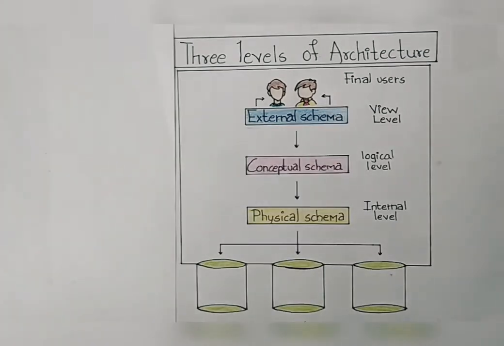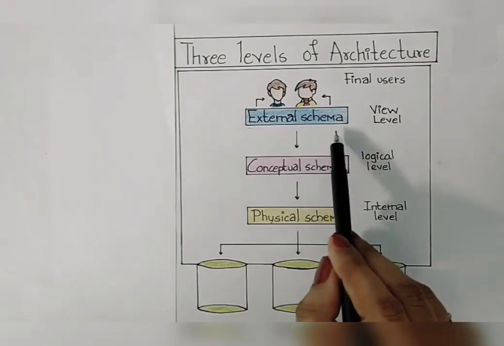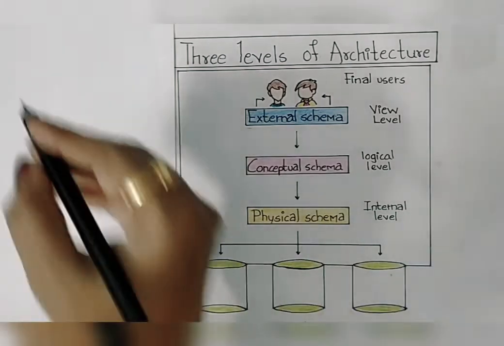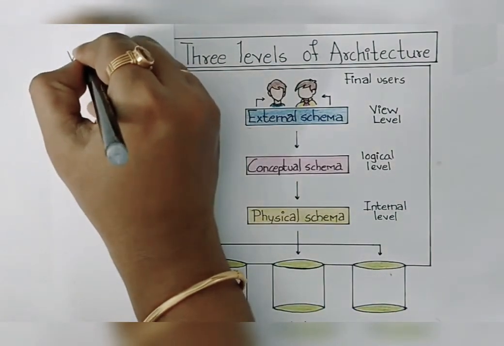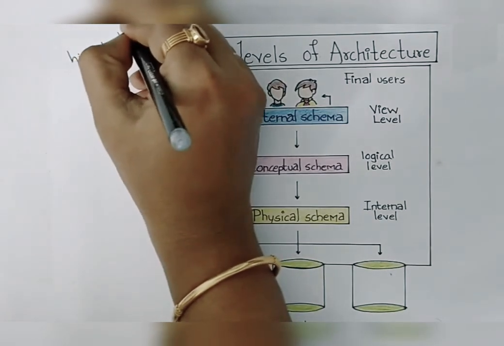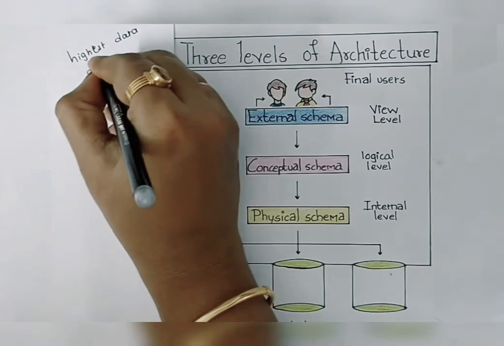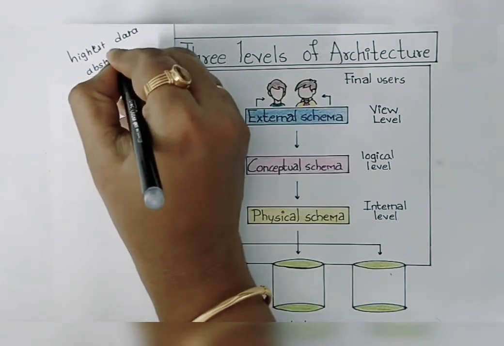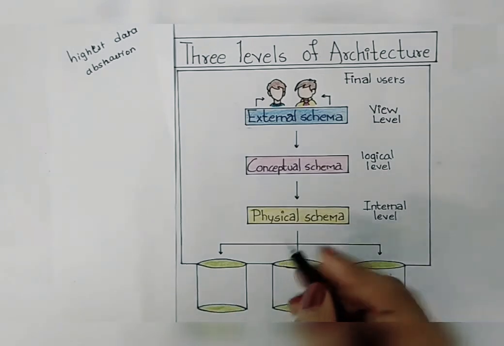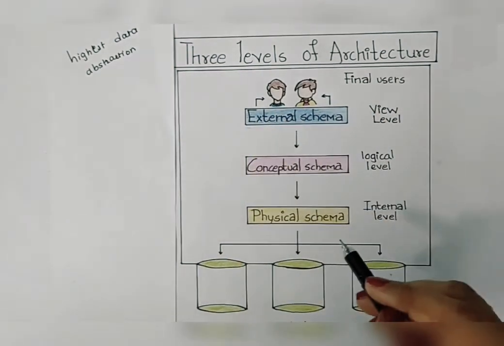The topmost level in this architecture is external schema, that is view level. This level has highest level of data abstraction. Means details are more hidden in this level.